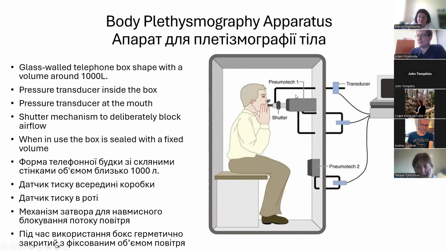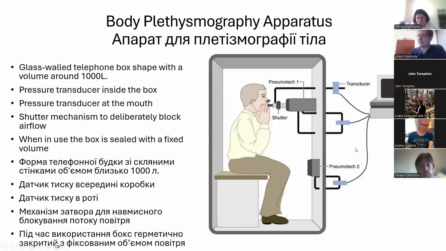And inside the box, there is a pressure transducer here to measure the pressure in the mouth. And there is a shutter, which can close off airflow. And it is placed beyond the pressure sensor, okay, which will be important. And then also inside the box, there is a pressure transducer here that measures the pressure of the gas in the box.